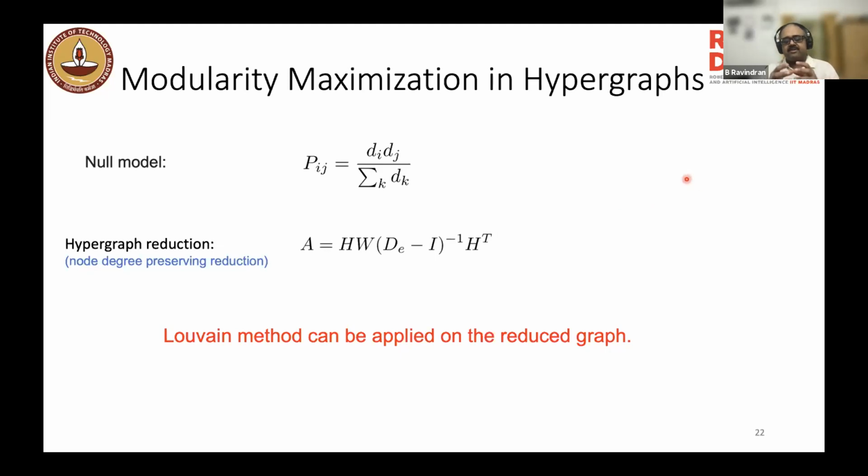It works this way: for every hyperedge, let's say there's a hyperedge that connects three nodes, then in the reduced graph I'm going to have a triangle that connects these three nodes, but the weight of the edges on the triangle is decided in such a way that when I add up the weights of all the incident edges on the node, it will add up to the hyperedge degree of the node in the original hypergraph.